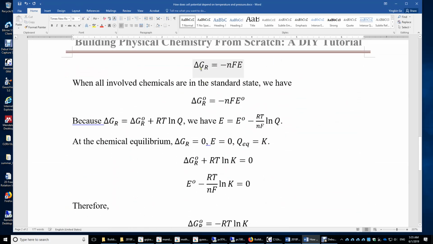So again, this is the Nernst equation, and for a more specific, hypothetical situation, if every single chemical involved in the reaction is in the standard state, we have a corresponding equation here with just one additional naught in the superscript. And we learned this equation before.